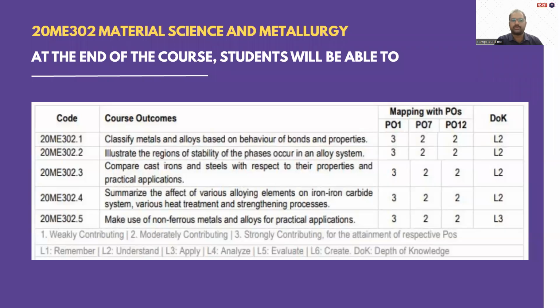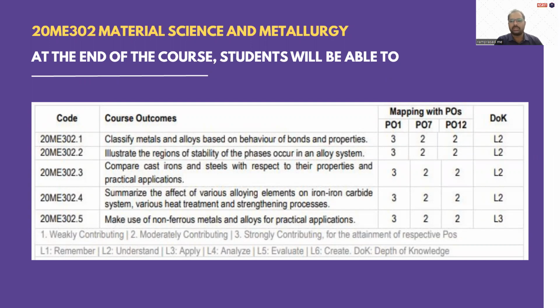So at the end of the course, the students will be able to achieve all these 5 course outcomes, and the course outcomes map with program outcomes, formerly known as POs.